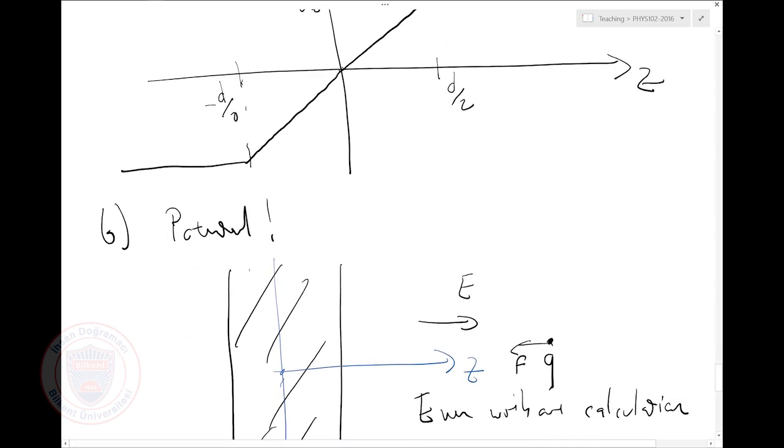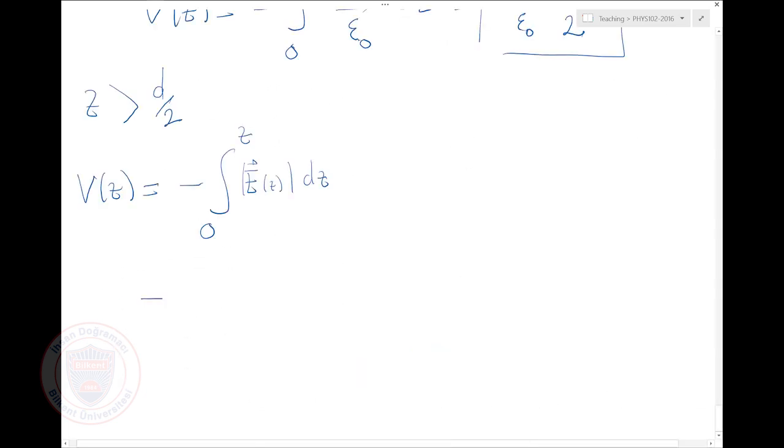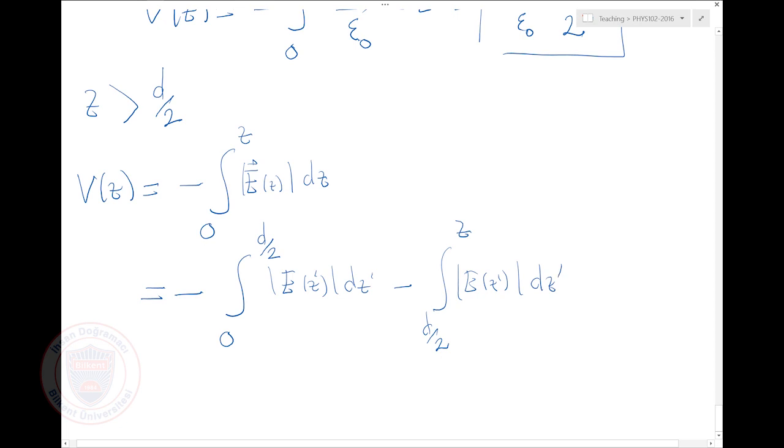So I will split this integral: from 0 to d over 2 of E of z dz, plus from d over 2 to z of E of z prime dz prime. Okay? Any integral I can do that. I can integrate from a to b in two parts, from a to c and from c to b, right? I'm not doing something fancy here.